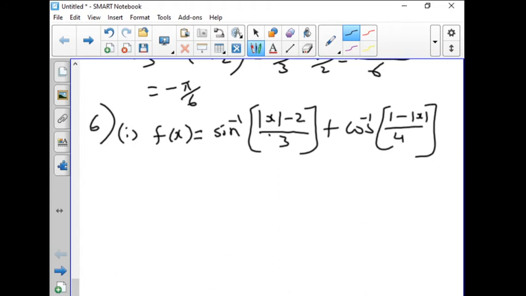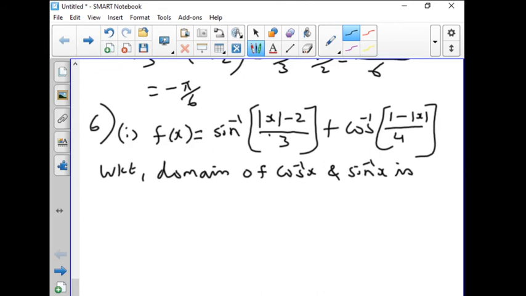So, we know that domain of cos inverse of x and sine inverse of x is minus 1 comma 1.